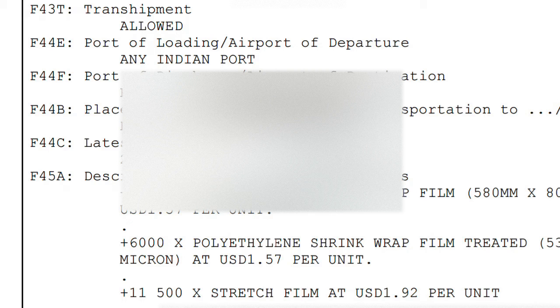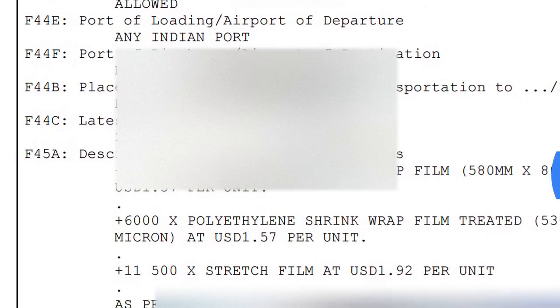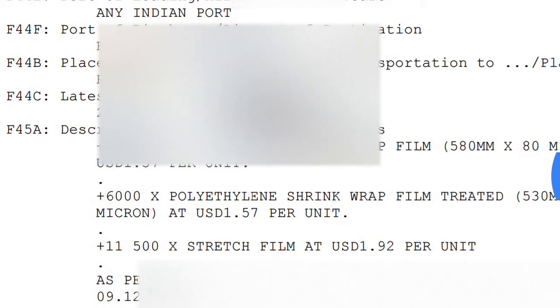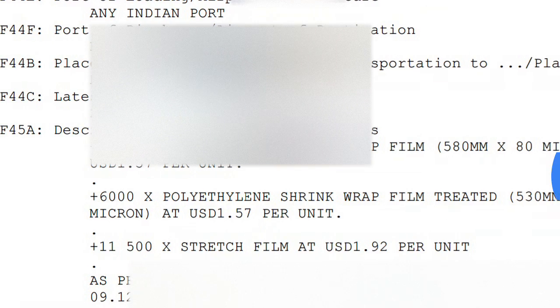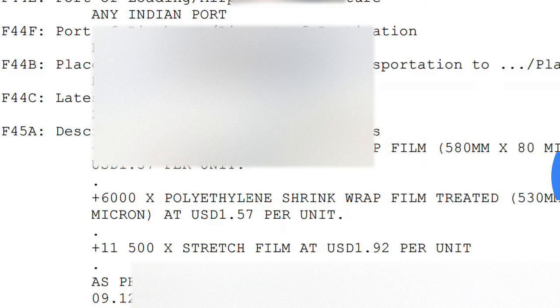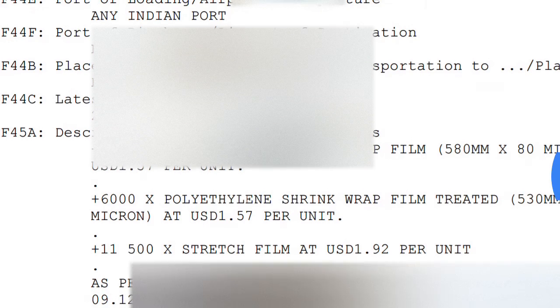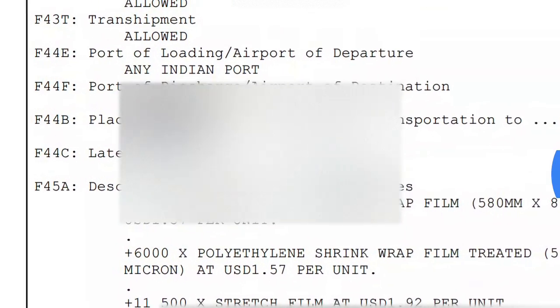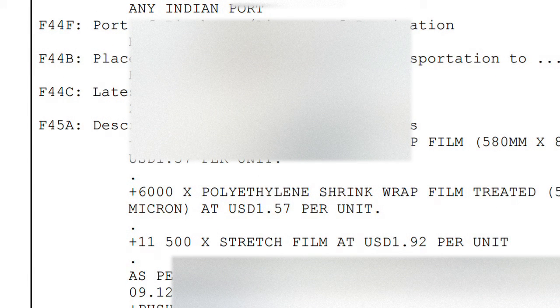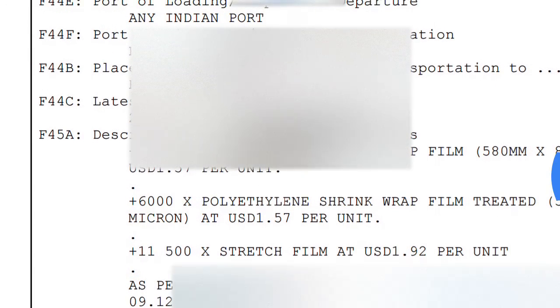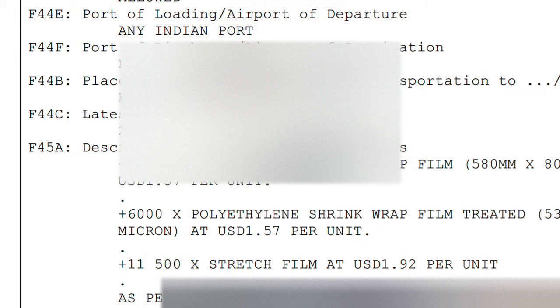If you go to port of discharge, it is also mentioned here. 44B, place of final destination of the shipment, is also mentioned here. If we go next, latest date of shipment means we need to clear all shipments before this date.